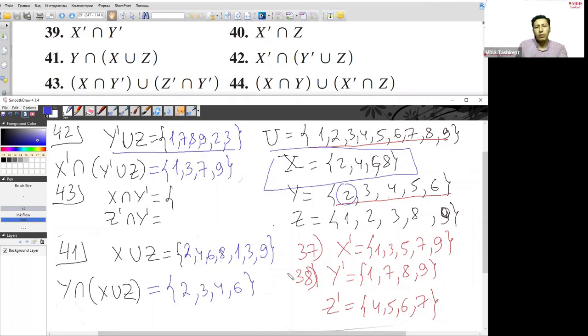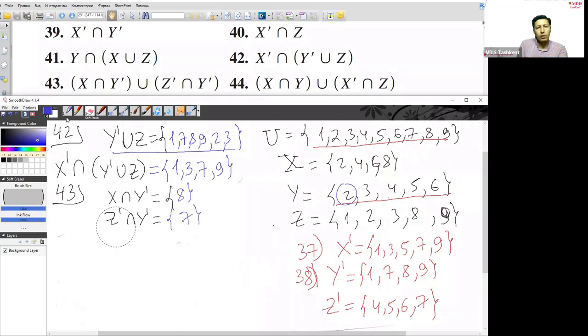Now z complement and y complement. Do you have same elements? We have only 7. So it's equal to 7. So let me clean this one and write down the last result.